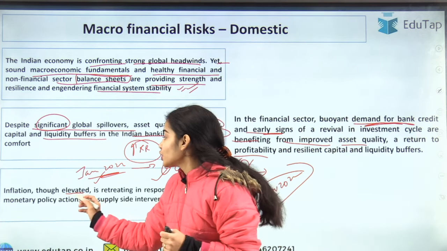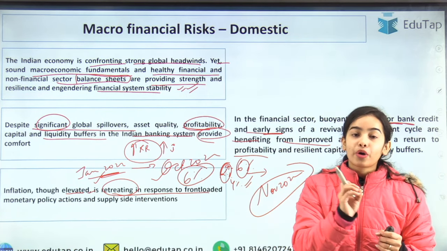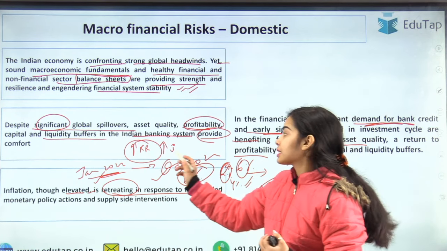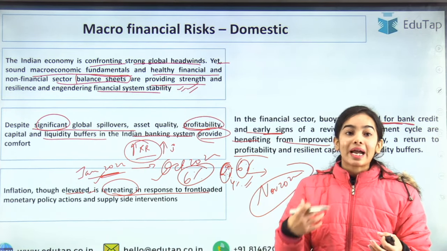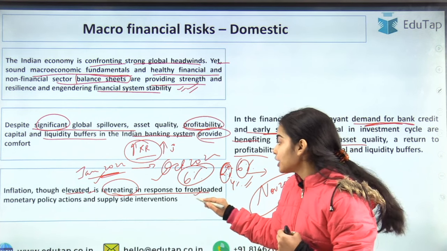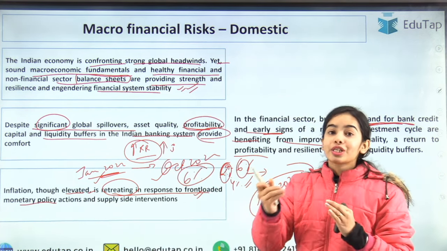So the inflation, though elevated, is retreating in response to front-loaded monetary policy actions. The Reserve Bank of India was continuously increasing the repo rate and taking steps to control the inflation. It was decreasing the money supply in the economy, and due to these front-loaded direct steps of monetary policy, the inflation is retreating.